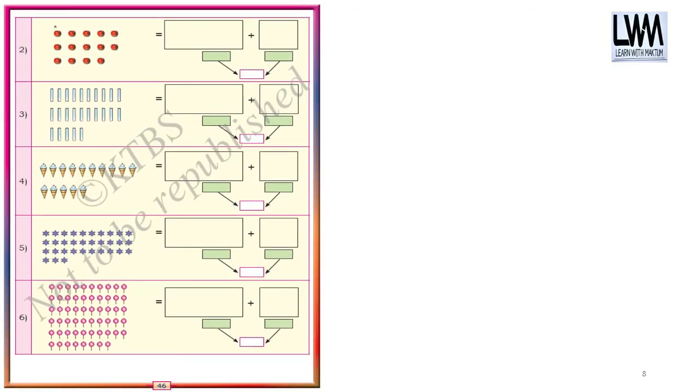Then same way here, 1, 2, 3, 4, 5, 6, 7, 8, 9, 10. Yes, these 10 balls you can group and draw here. Then remaining is how many? 4. These you can draw in this box. So how many groups of tens are there? Only one group is there.